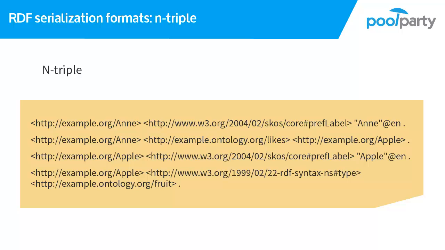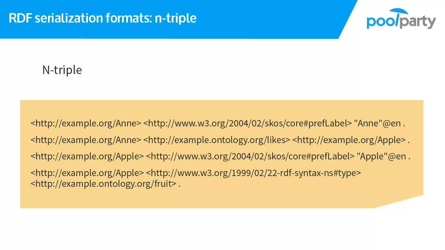First of all, you can see that all URIs are placed inside angular brackets. The angular brackets are standard markers for URIs. The machine will know that whatever is between those angular brackets is a URI. Similarly, strings are demarcated by double quotes. The labels of the Anne and Apple resources are demarcated by double quotes.